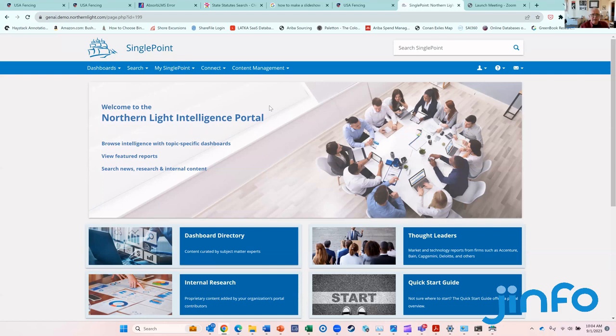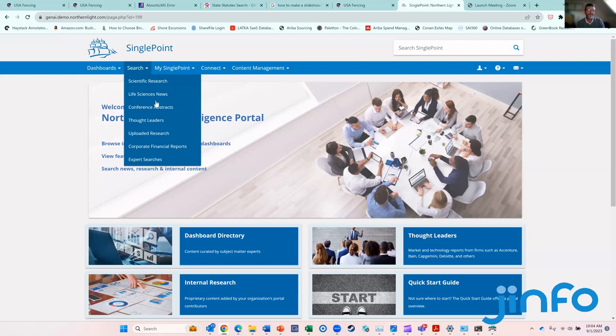This is a typical Northern Light SinglePoint portal, which would have dashboards. This particular one happens to have a little bit of a pharmaceutical orientation. We have a whole bunch of content sets in it, including our news feed, which I'll start on with the demo, but also some other content, journal databases, conference abstracts, conference presentations, industry analysis from thought leaders like Bain and BCG and McKinsey and Accenture.